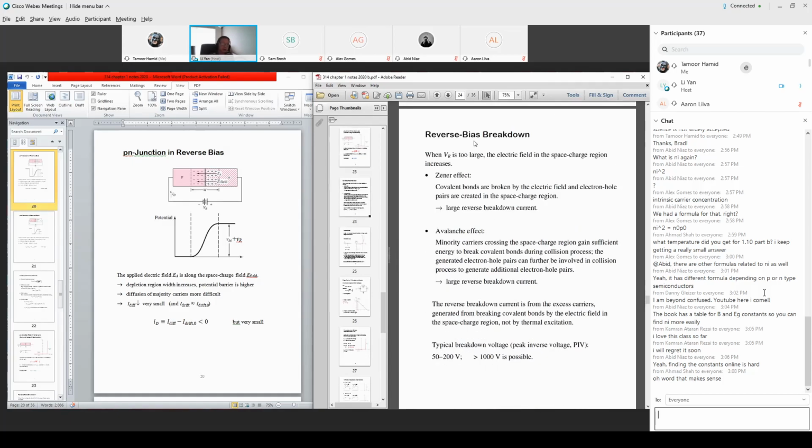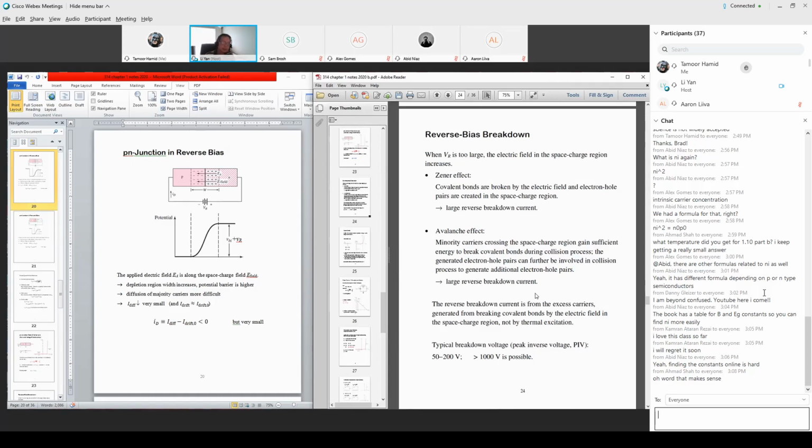Once we get to the reverse bias, the voltage is too high, the electric field in the space-charge region is so high, it will start to break the covalent bond in the space-charge region, and further collision of these accelerated minority carriers can knock out the electrons out of the covalent bond further, creating even more additional electron hole pairs. Now, end result, you have a lot of charge carriers created under reverse bias breakdown, and that leads to a large reverse breakdown current. Any question?